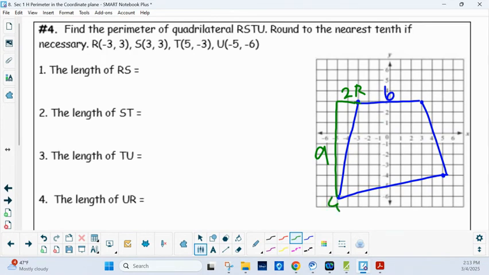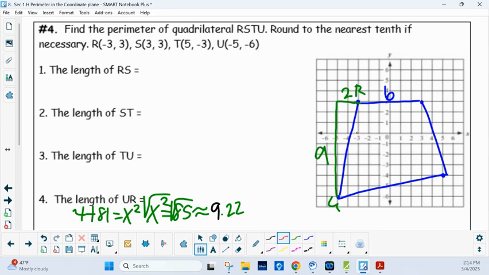R to U. Right here, I can do 4 plus 81 is our x squared. So square root of 85, we've done that one before. What is it? Did I do that right? Yeah, 9.22, so that will be this guy, 9.22. Okay, U to T. We got 10 and 2.